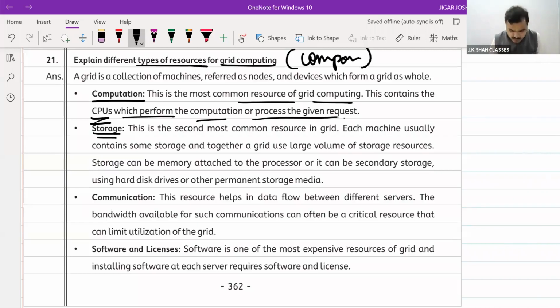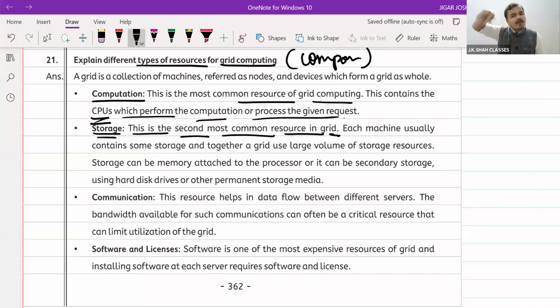Number two, storage. In every PC, people, we will get some sort of storage. This is the second most common resource in grid. Why?